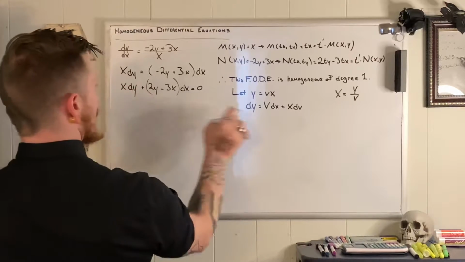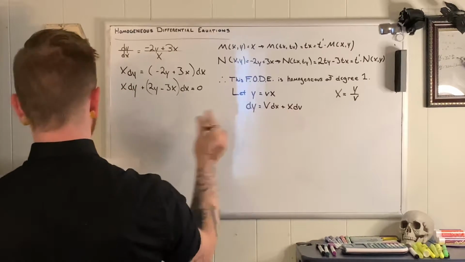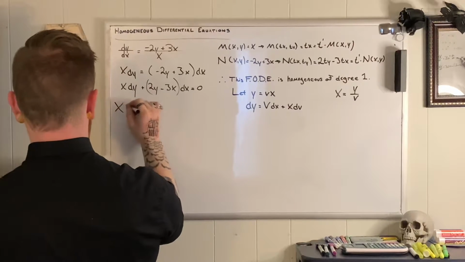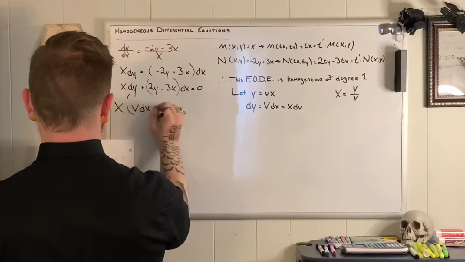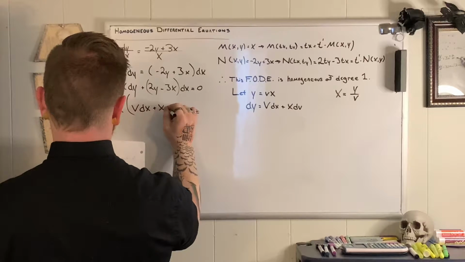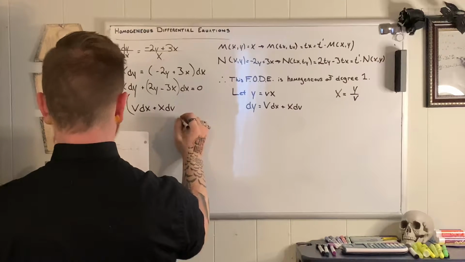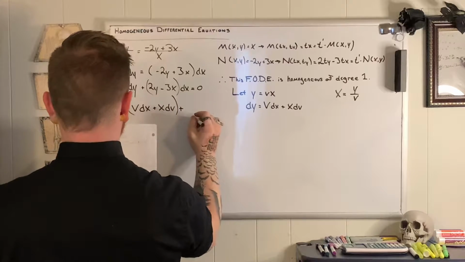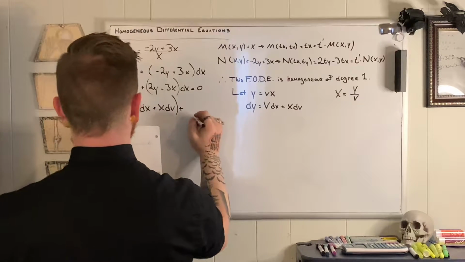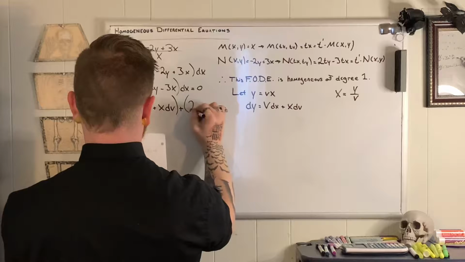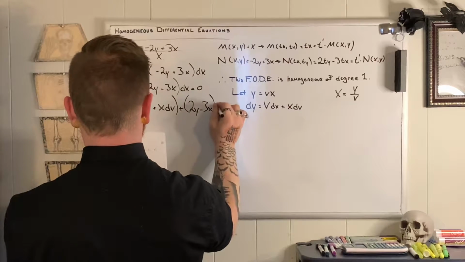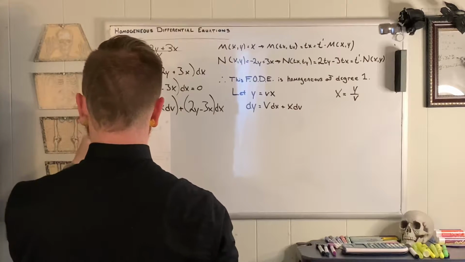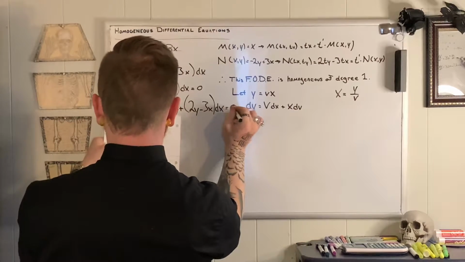dy, we know, is v dx plus x dv, plus 2y minus 3x times dx, equals 0.